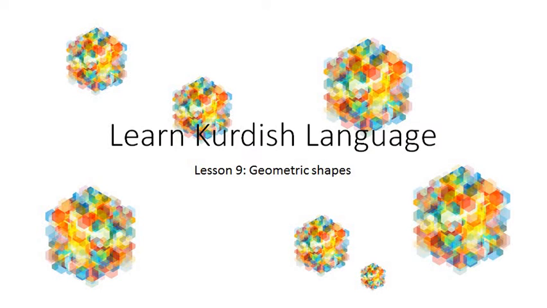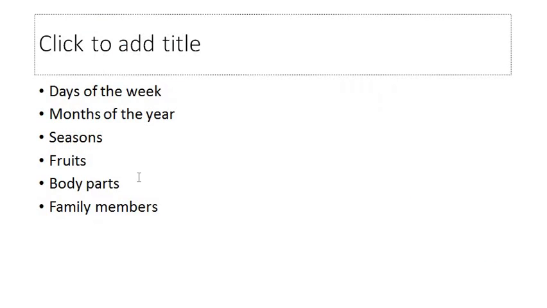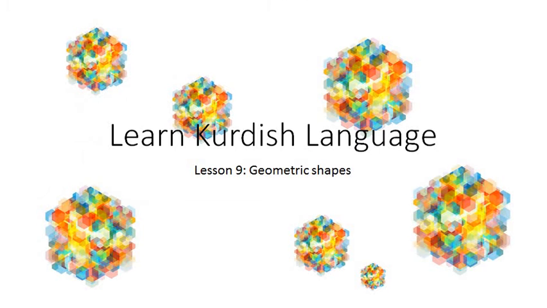But before I start, for my next lesson, I don't have an idea. As you see, I list down the ideas that I have to turn them into videos, like vocabularies. But for my next video or some of my next videos, I like to make something different. And if you are a viewer of these videos and learner, and you learn Kurdish with me, so please let me know if this idea is good.